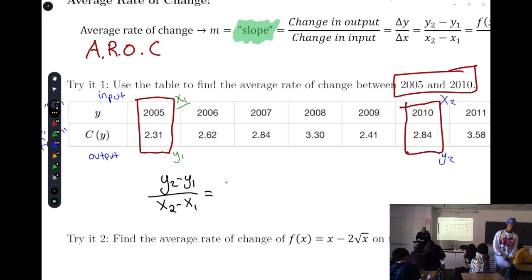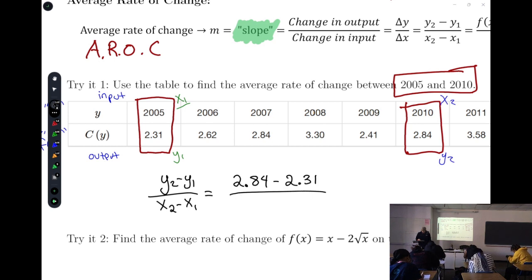So what are we doing? We're doing 2.84 minus 2.31 over 2010 minus 2005. That looks like a calculator if I've ever seen one. This would be an example of a time where your calculator would be allowed.